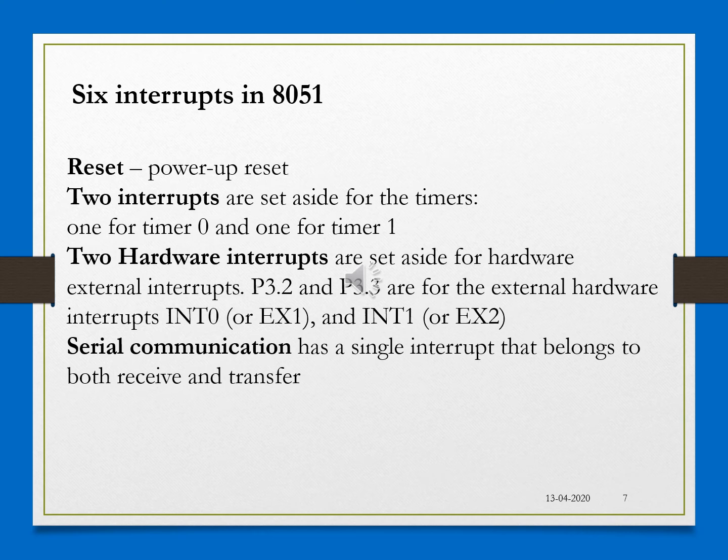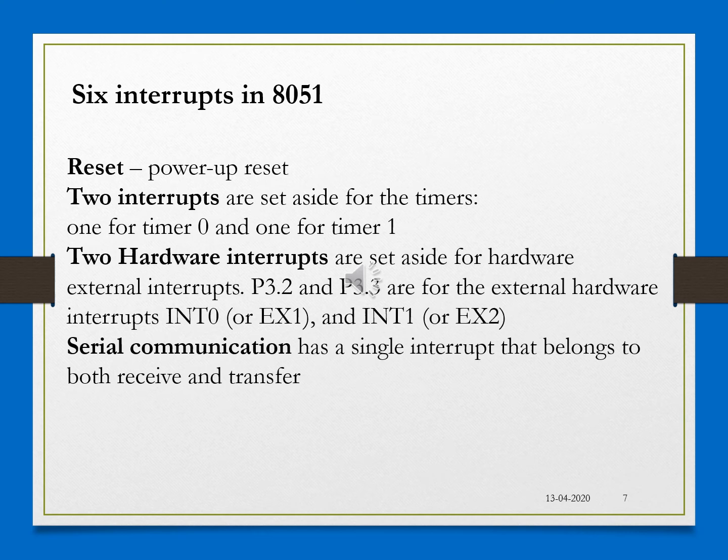The other two interrupts are set aside for the timers, timer 0 and timer 1, overflow flags. Whenever a rollover takes place, it is indicated by these two interrupts assigned for timers. Then there are 2 hardware interrupts set aside as external interrupts.